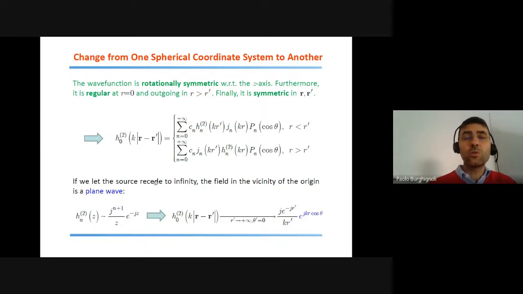If the source goes to infinity, that is, we consider the limit in which r' goes to infinity along the z-axis, so when theta prime is equal to 0, by exploiting the asymptotic representation of the spherical Hankel functions that is reported here below on the left, you would find that the spherical Hankel function at the left-hand side of the above equation tends asymptotically to this very simple result, which is a plane wave in blue, multiplied by this factor j e to minus j r' divided by k r'.